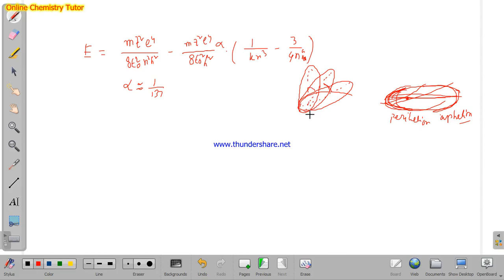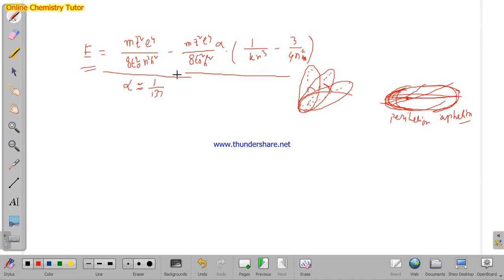Okay, rosette path. And in this rosette path, the energy is like that.